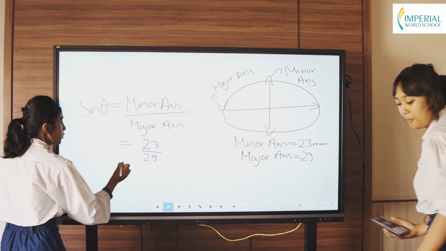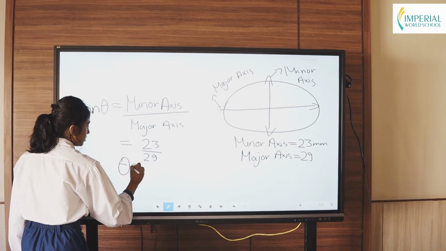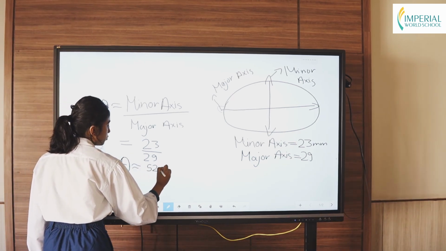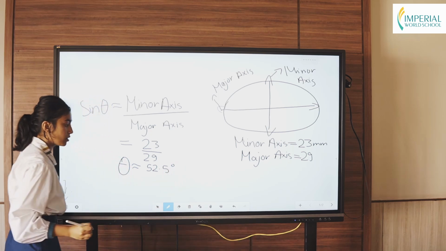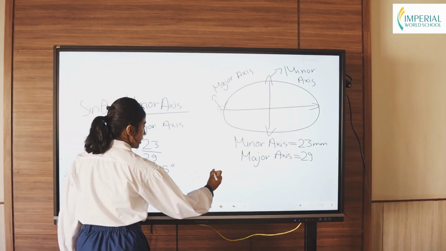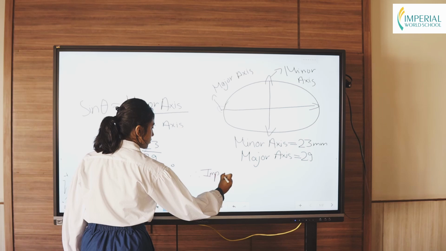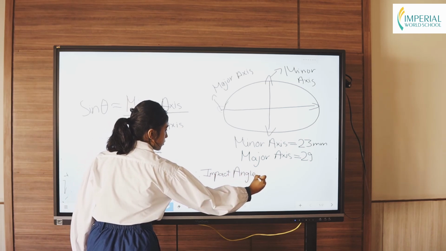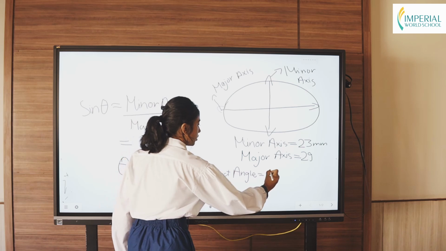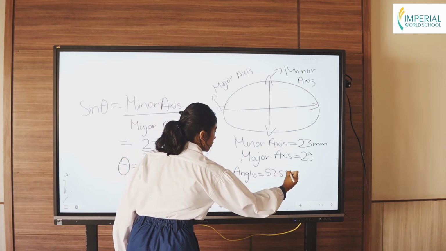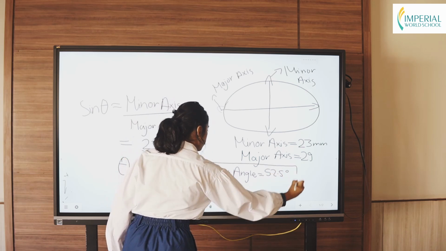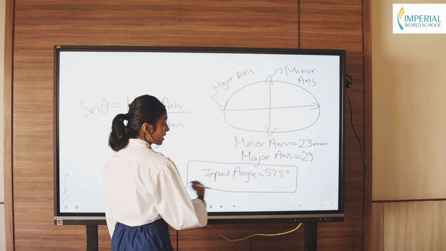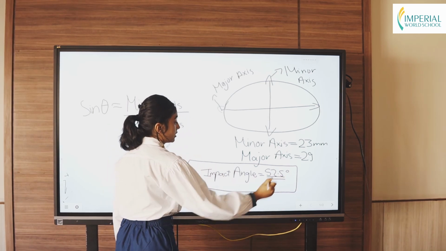Okay, so we got that theta is approximately 52.5 degrees. Therefore, the impact angle equals 52.5 degrees. Therefore, the impact angle is 52.5 degrees.